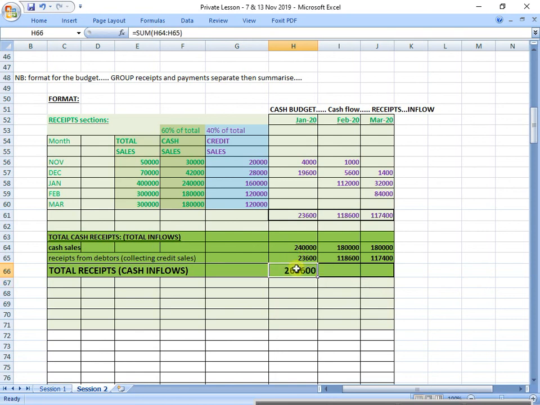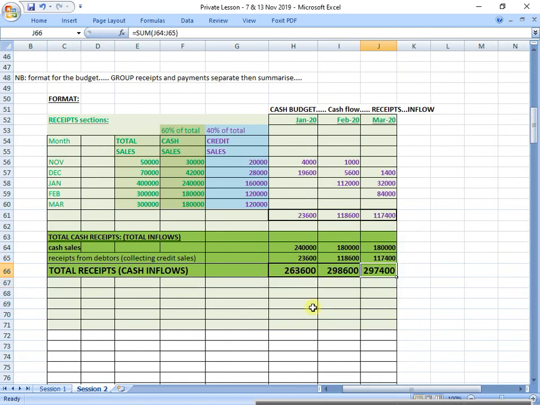Sum up. Sum up. Sum up. See that? Okay, so that's what you've got. Those are the totals, right? Those are the amounts that you've got in terms of your receipts. Okay, so the receipts represent inflows, money coming in.